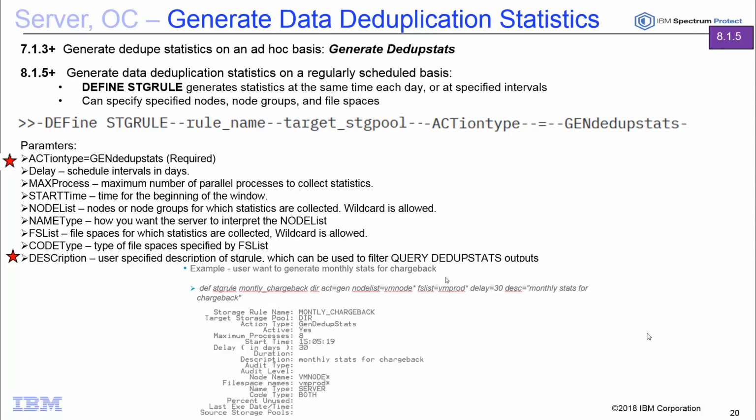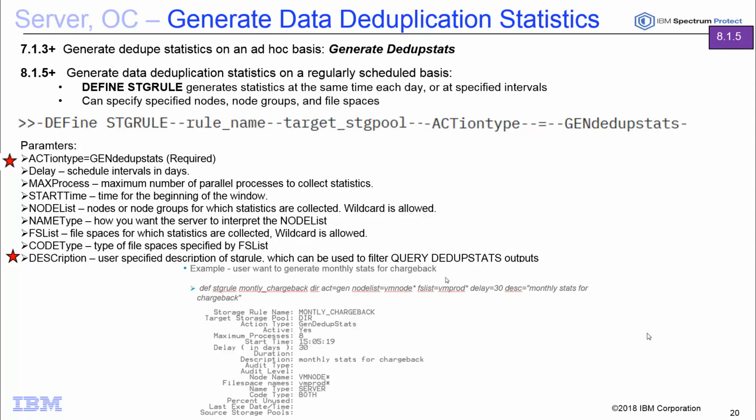And with this, you can have it run at the same time each day or at a specified interval. So the new command is going to be define storage rule with action type equals gen dedupe stats. In addition, we have a new description field which allows the users to specify a description for the storage rule, which they can then use when they do the query dedupe stats and utilize the filtering option.